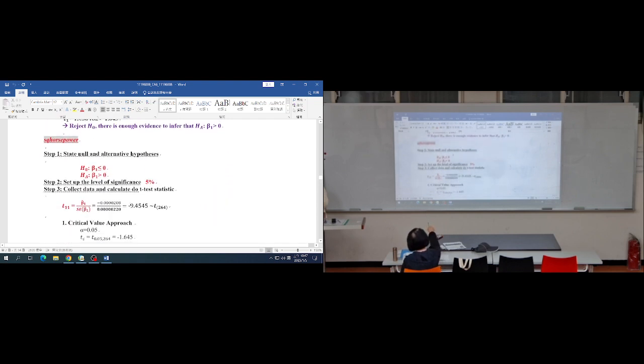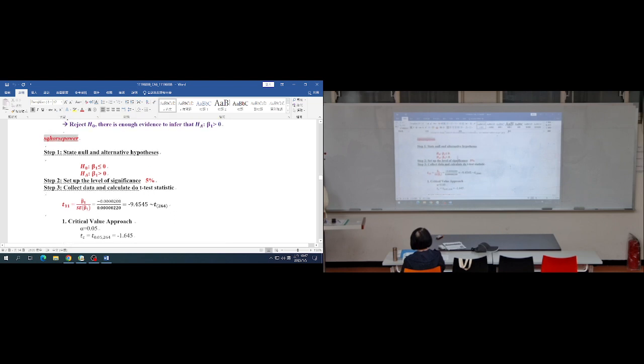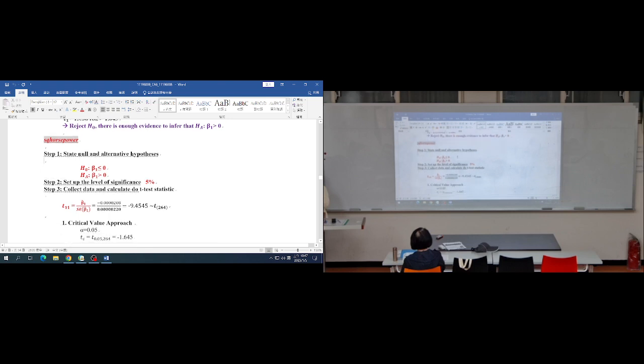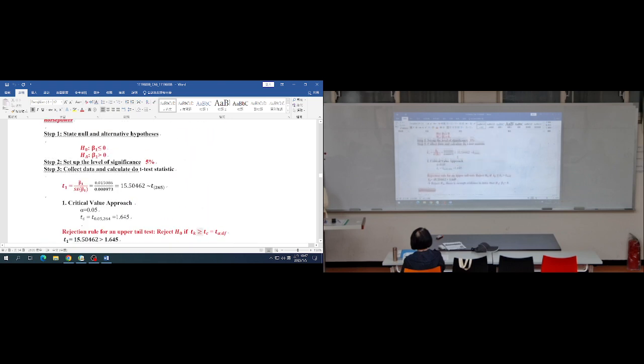Alternative hypothesis. What did you write? This is for squared horsepower, right? So what is your alternative hypothesis here? It is where horsepower, and wait a minute.